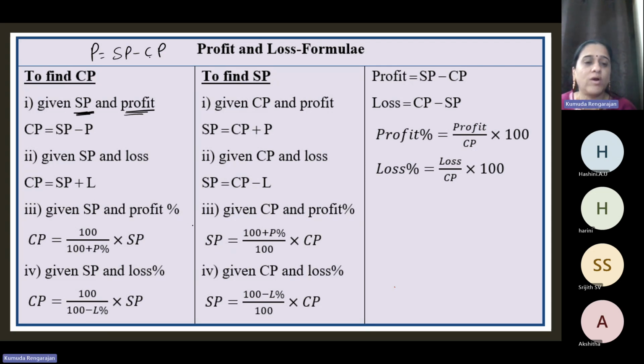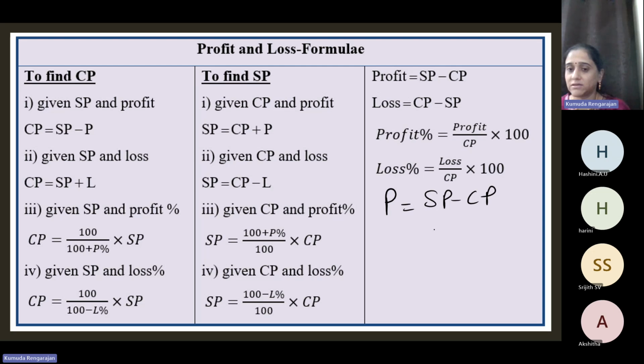So what is CP from this? Transpose and tell me what is CP from this. So when you take your CP to this side, CP is equal to SP minus profit. When I say transpose, see here, SP minus CP is profit.